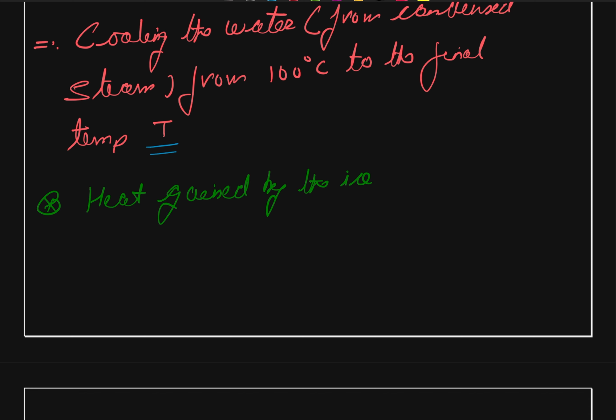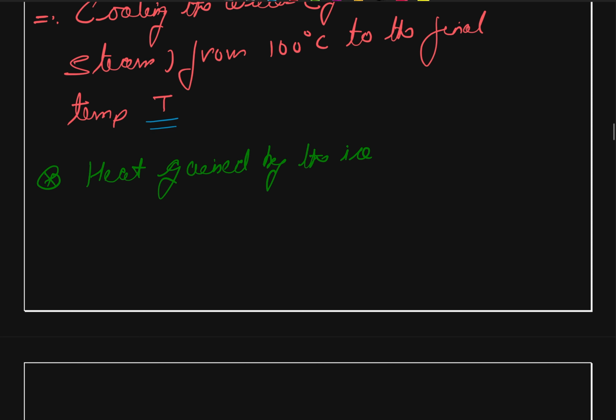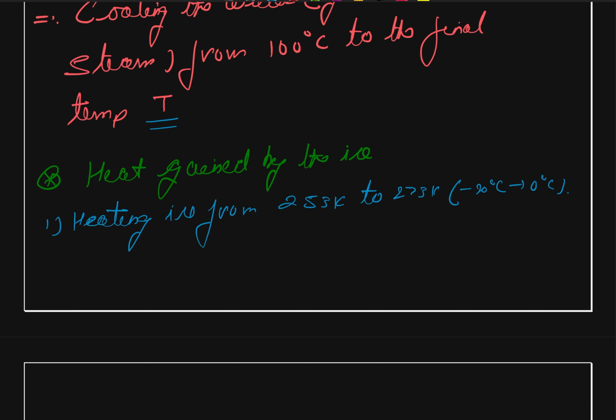First will be heating ice from 253 Kelvin to 273 Kelvin, or minus 20 degrees centigrade to 0 degree centigrade.